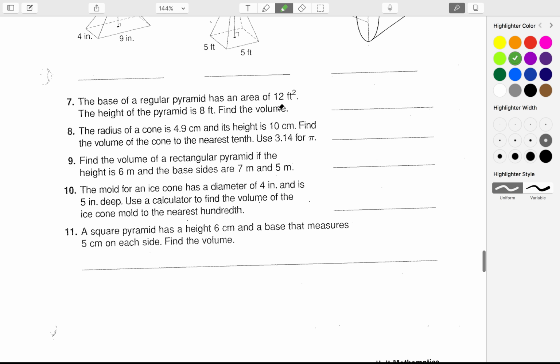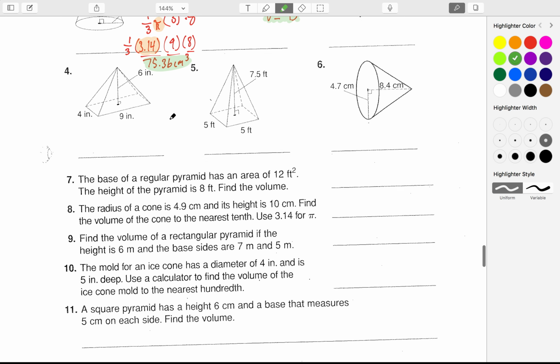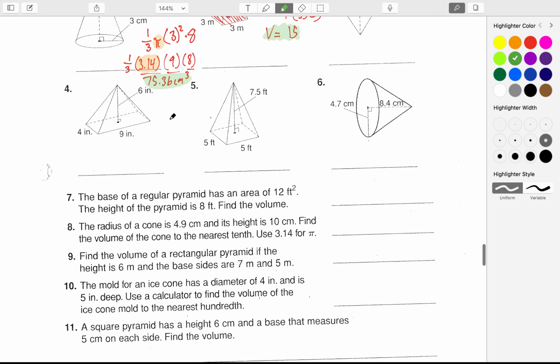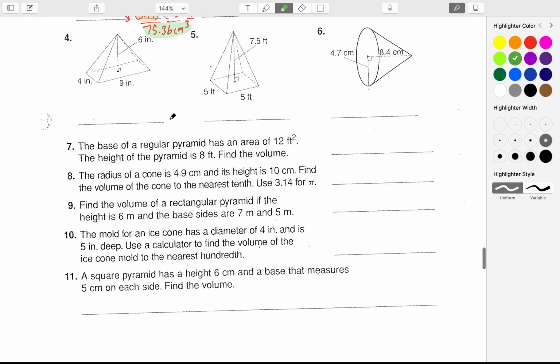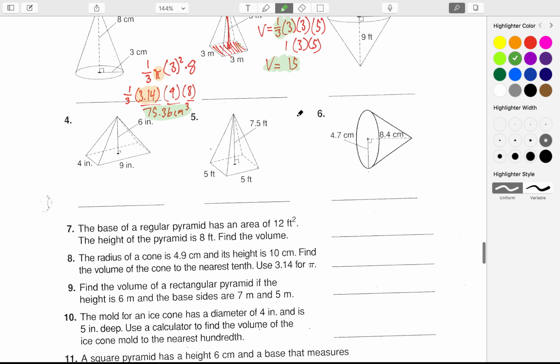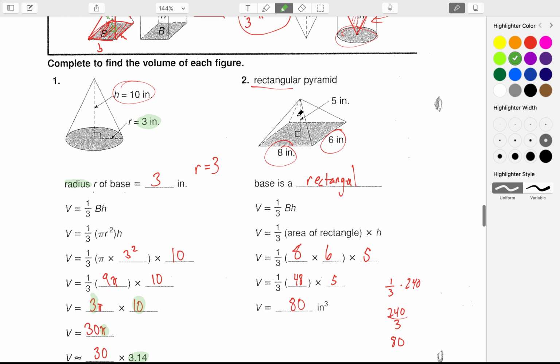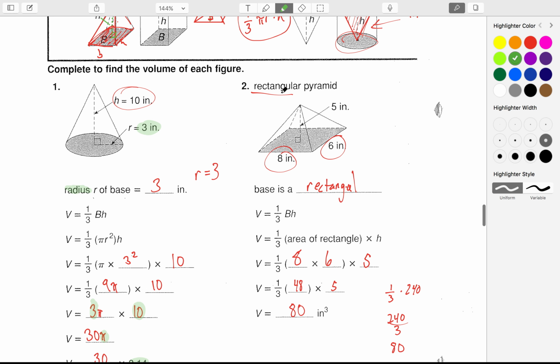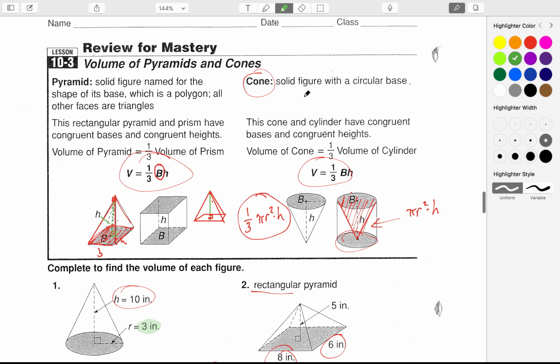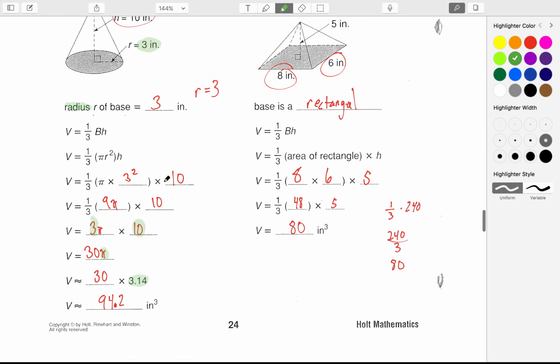On these, let me go over number 7 just to make sure that you understand what I'm talking about here. The base of a regular pyramid has an area of 12 feet squared. The height of the pyramid is 8 feet. Find the volume. So we're dealing with a regular pyramid. You can go back to your notes and you see that a rectangular pyramid is going to be volume equals 1/3 base times height.